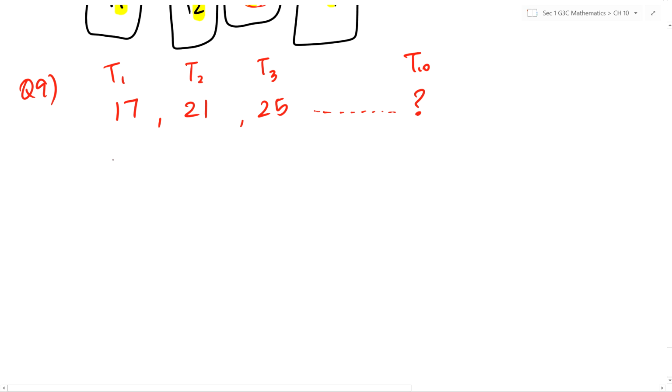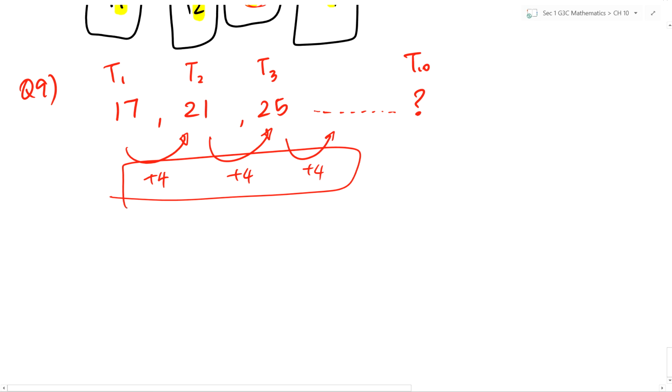What is the difference over here? 4. This is a common difference of positive 4. So this formula that I'm going to show you is applicable to common difference questions only. It goes like this: Tn equals T1 plus (n minus 1) d, where d is the difference.